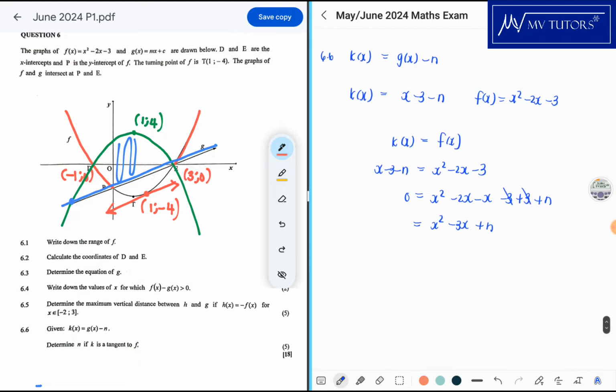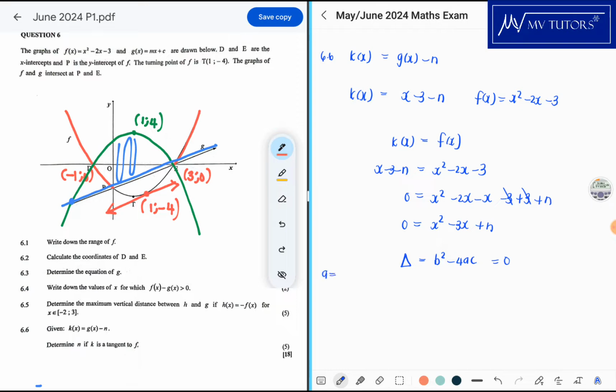And wherever I have an unknown in a quadratic, I'm going to think about the discriminant. Remember, the discriminant is equal to b squared minus 4ac. And I'm going to make that equal to 0. Now, what is a?